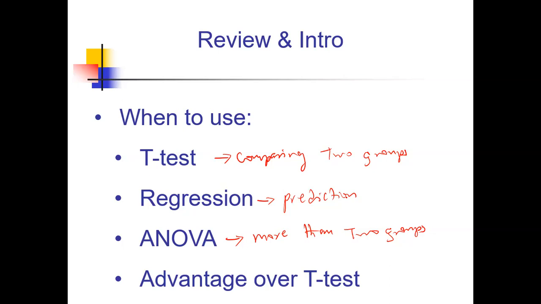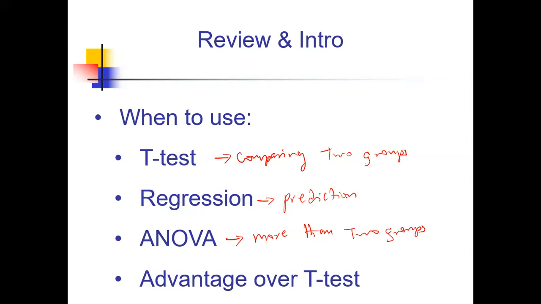But when you're comparing groups and there are just two groups, you are using a t-test. T-test is the best for that. If you are going to compare more than two groups, then ANOVA becomes your best tool. Any question or concern about this?